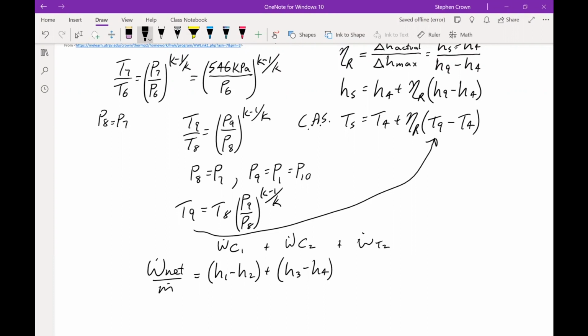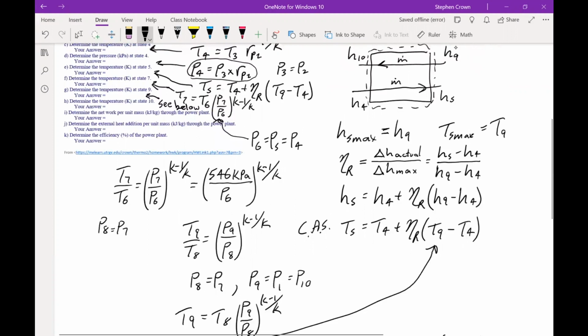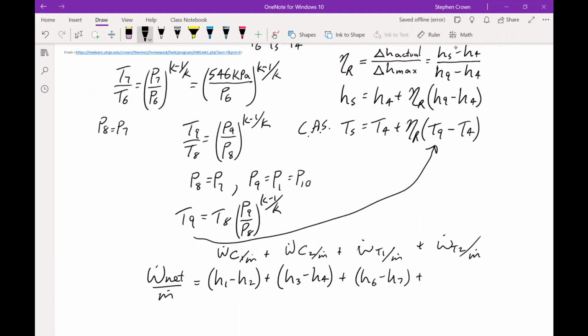Of course, all these are per unit mass. And then plus the work for, let's do turbine 1 first. So that would be plus H6 minus H7, plus H8 minus H9. So that's our work per unit mass.